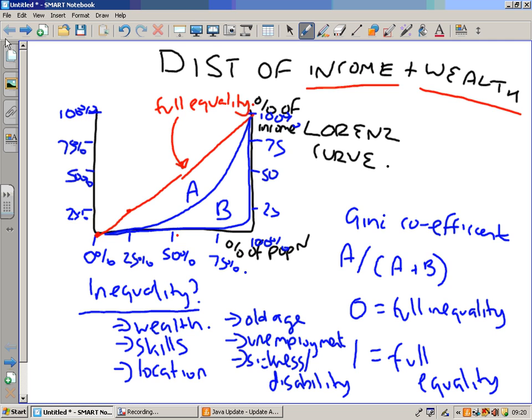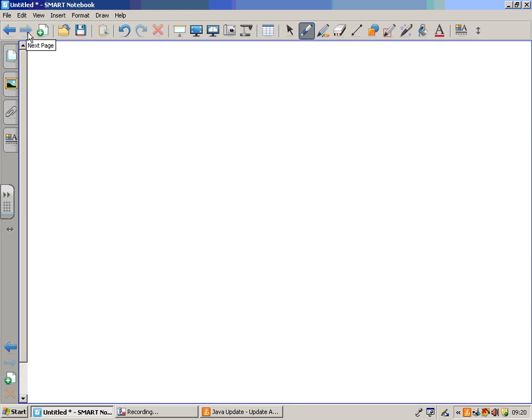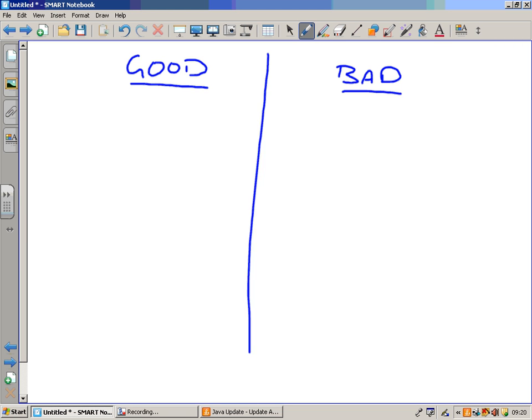What we want to think about now is whether inequality is a good or a bad thing. Now, I imagine most people would say that high inequality is seen as a bad thing. Let's think about why it's bad first of all.